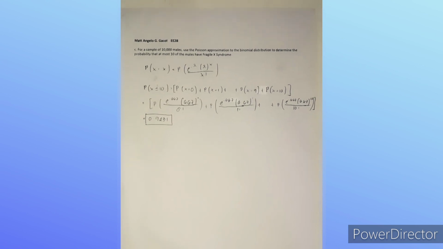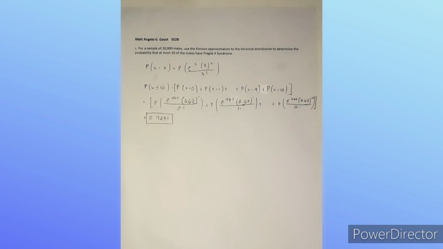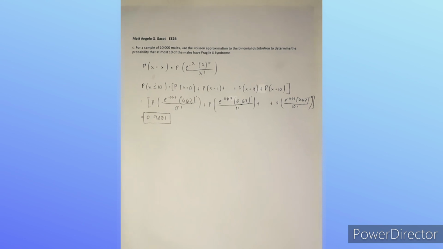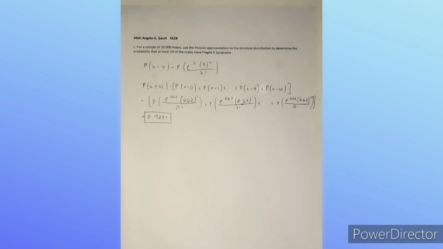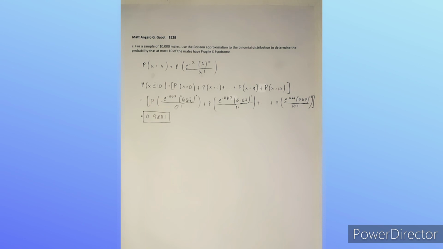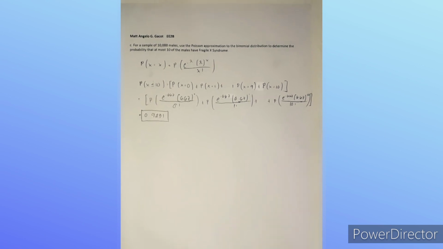So P of X less than or equal to 10 equals P of X equals 0 plus P of X equals 1 plus up to P of X equals 9 plus P of X equals 10.